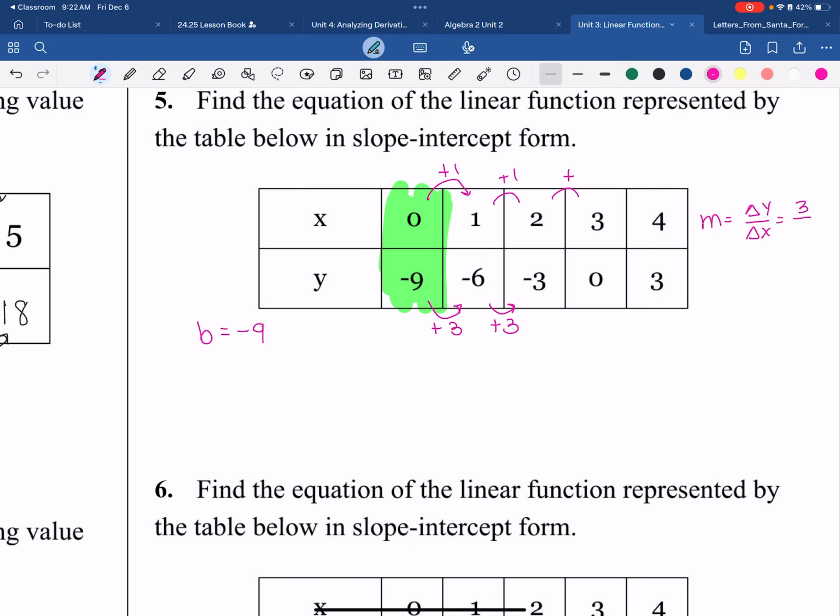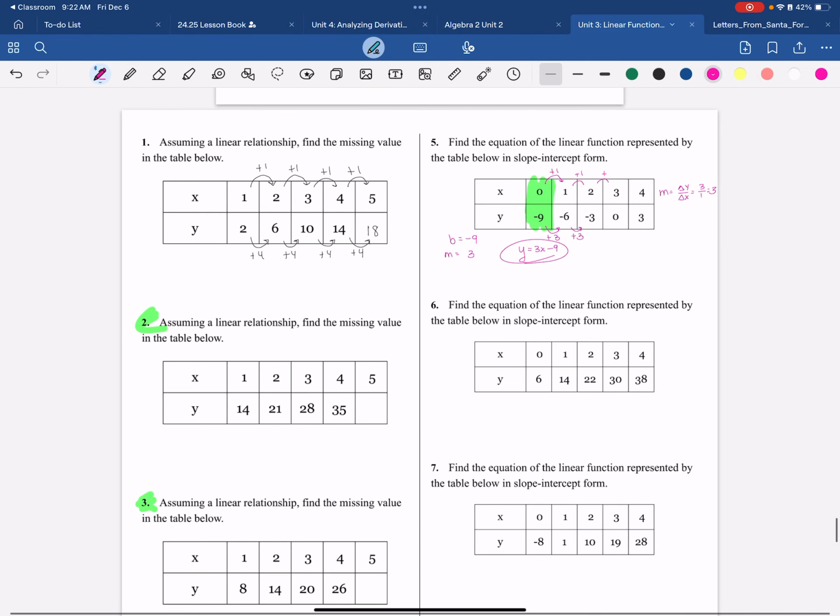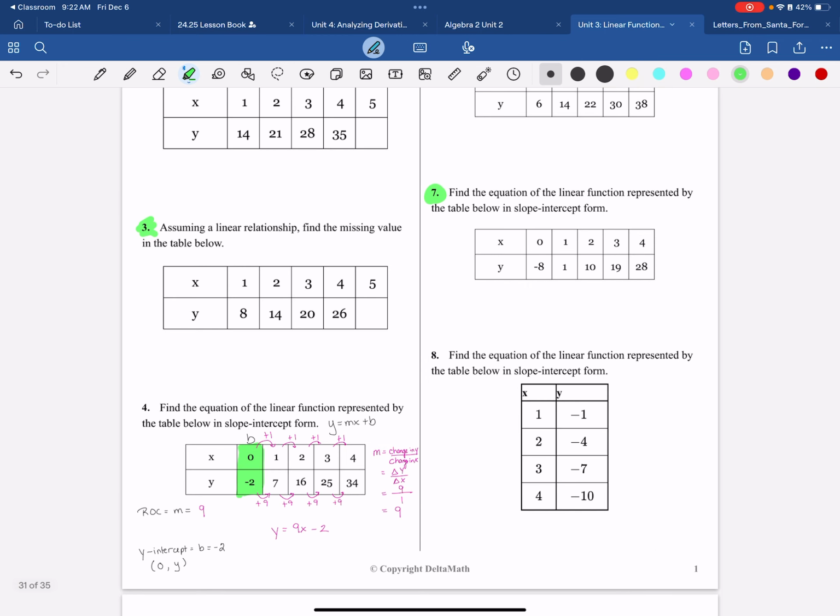So it's going to be 3 over 1, or just 3. So slope-intercept form, y equals 3x subtract 9. And I'm done. All right, you're going to go ahead and try 6 and 7. And then check your answers online.